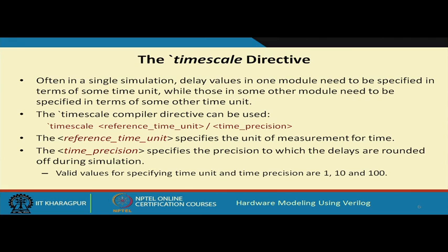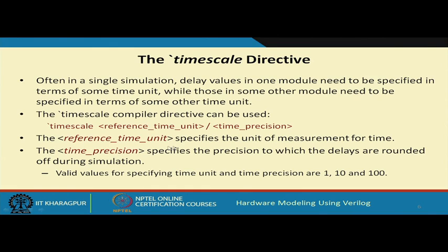If the timescale values are different from one module to the other, you can have different declarations like that. The syntax of the timescale directive is: reverse quote timescale, then you specify a reference time unit, slash, time precision.